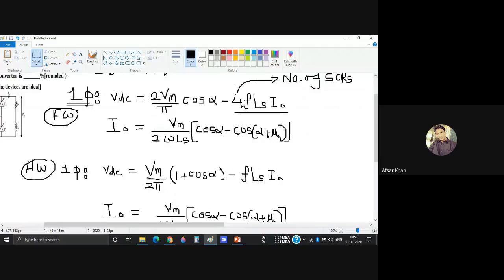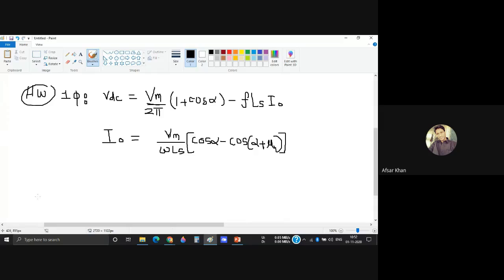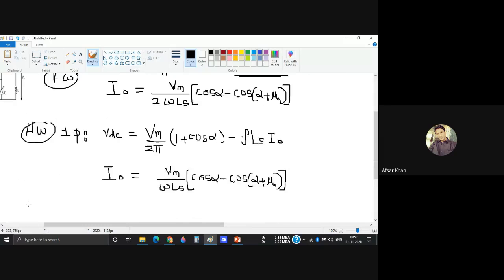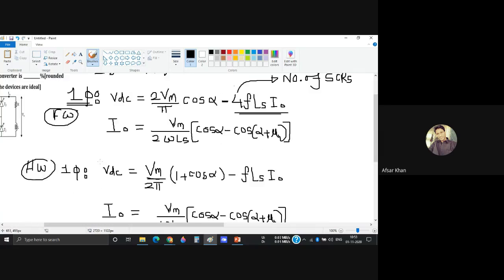Now if I use 3 phase, students, how many SCRs are you using in a 3 phase full wave rectifier?